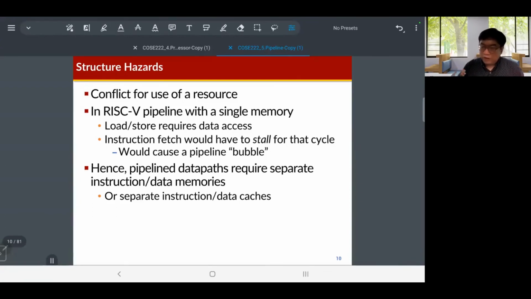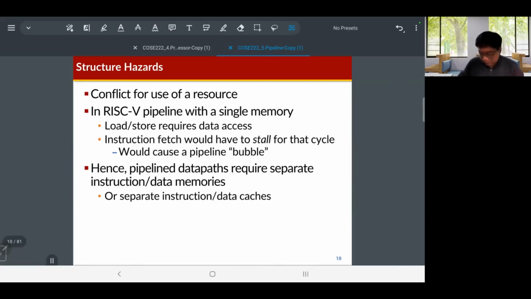We just build up enough hardware resources for executing one instruction. So you don't need to consider the structure hazard in the pipeline architecture.